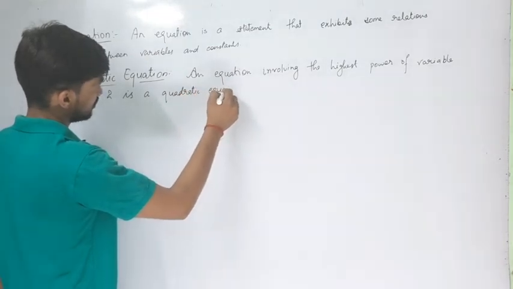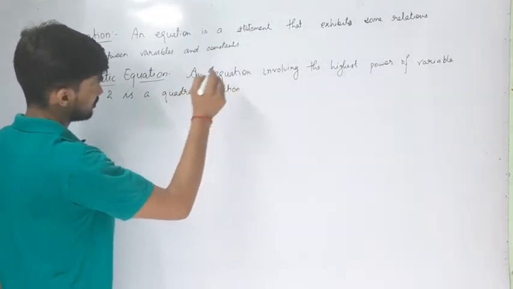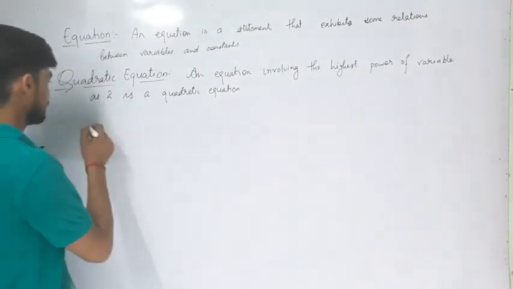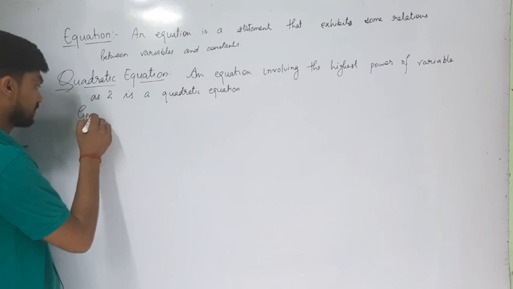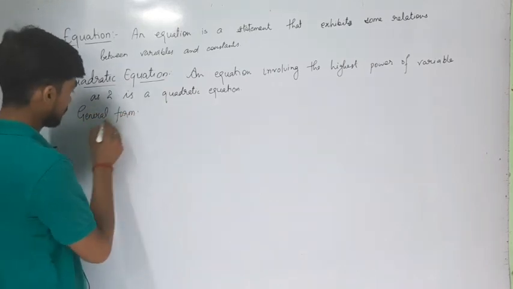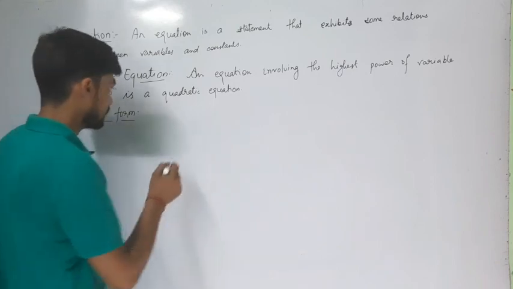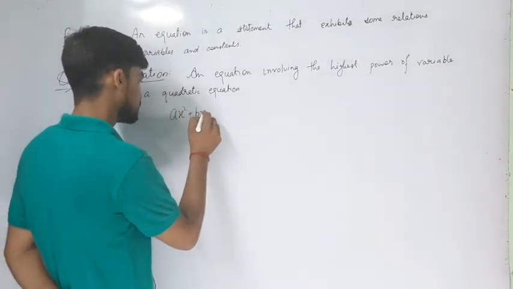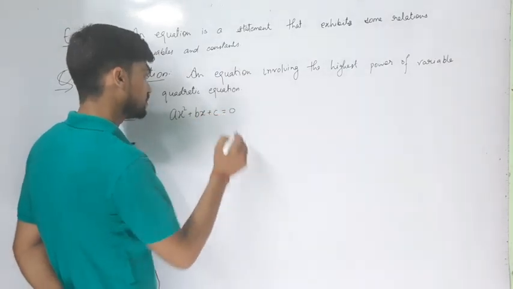For example, or I am giving you the general structure. Ax square plus bx plus c equals 0.